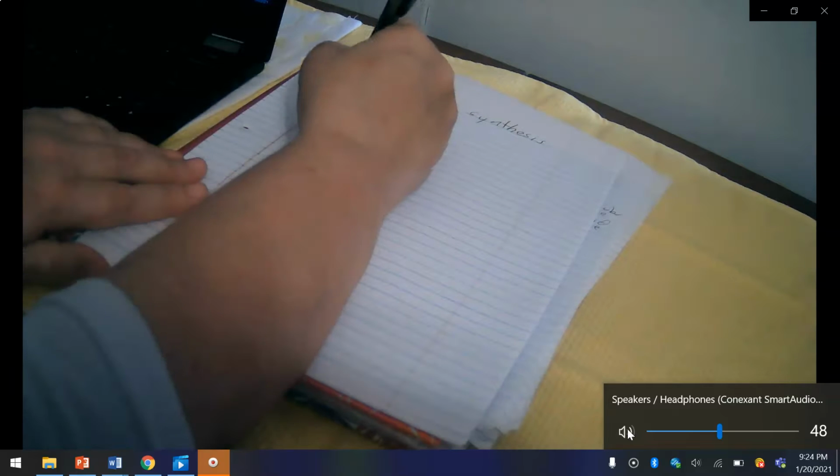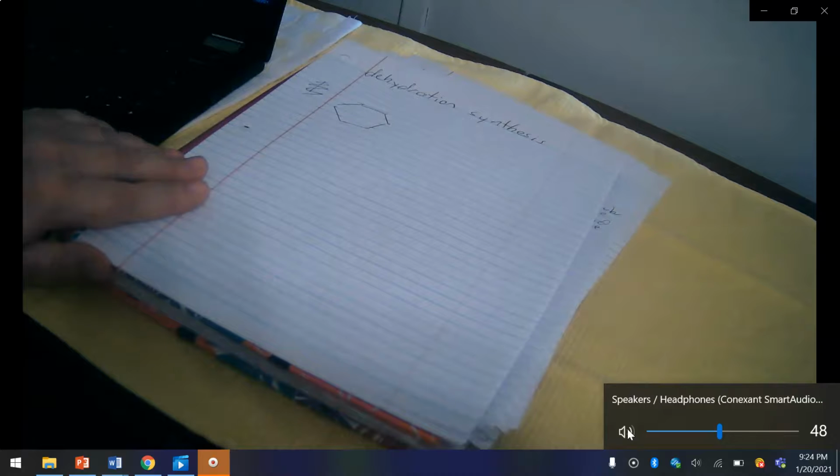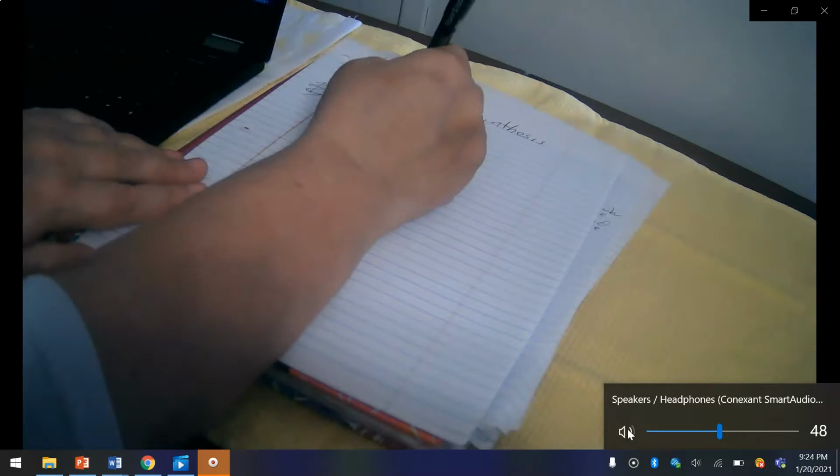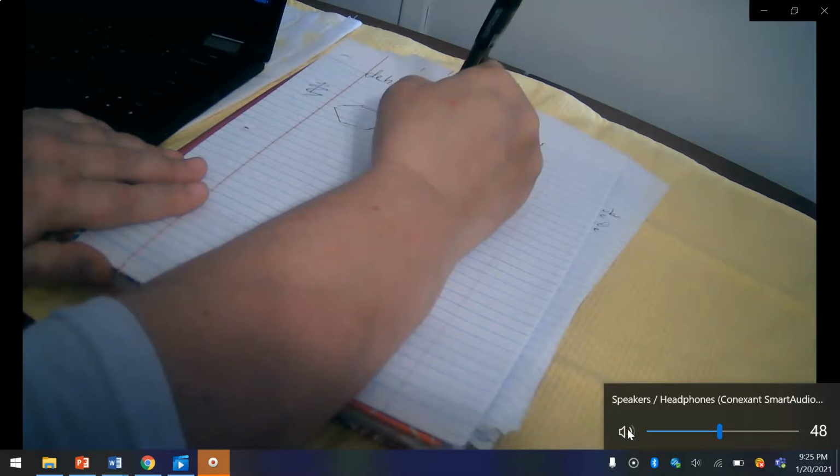So if we take two molecules of glucose, glucose is shaped like a hexagon. So that's the shape of a glucose molecule, and one of the molecules is going to have a hydrogen attached to it. And then the other one is going to have an OH attached to it.